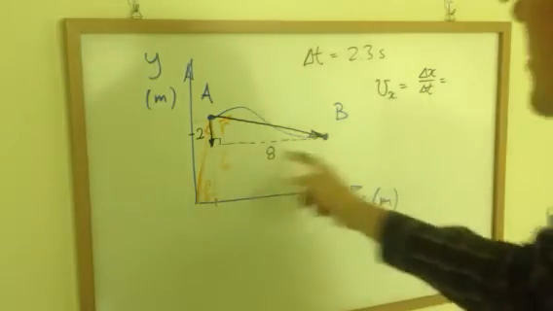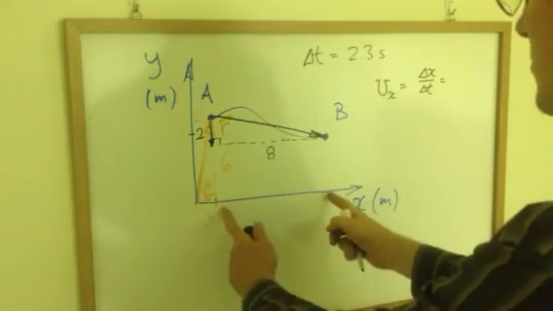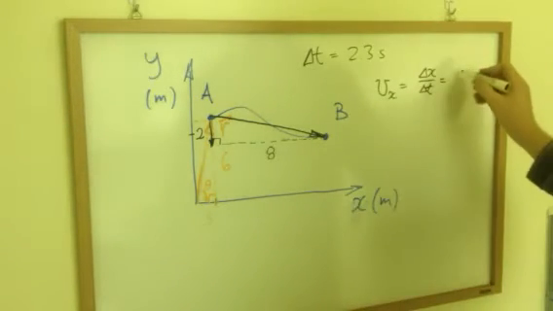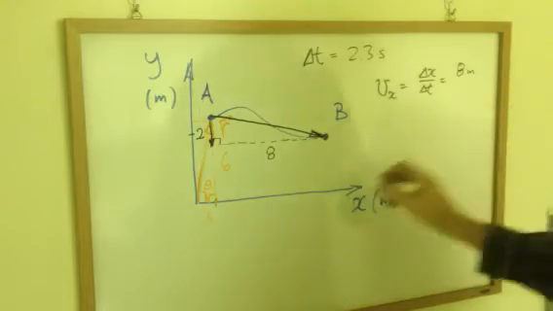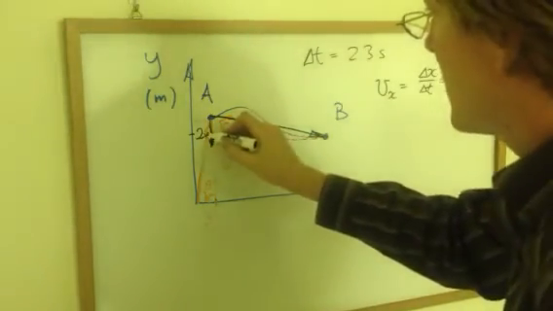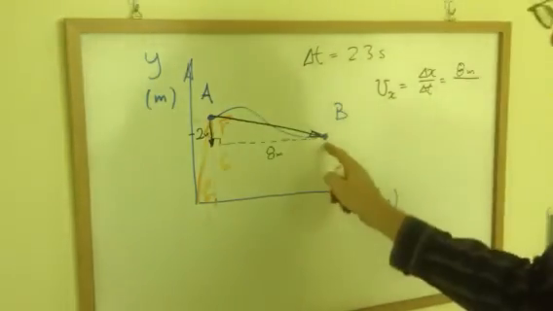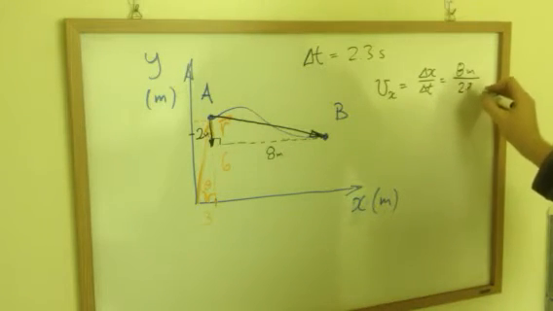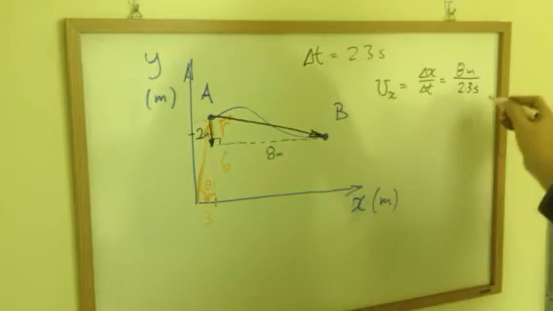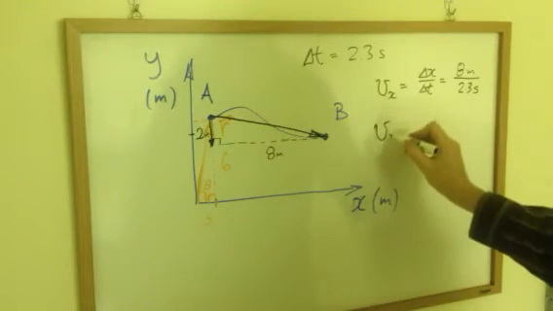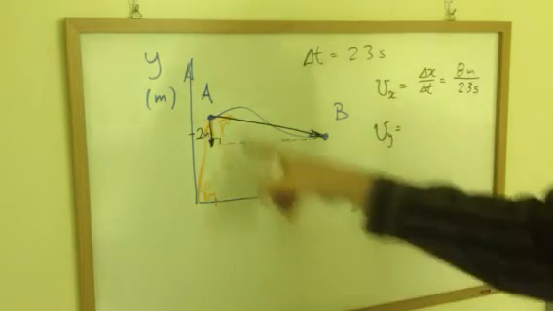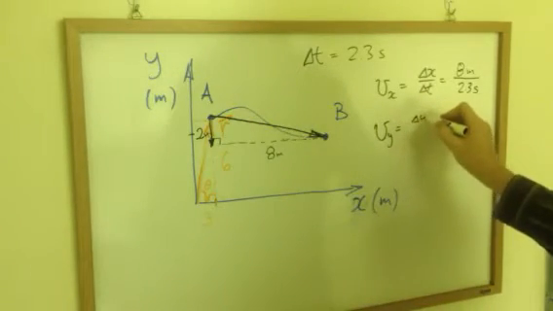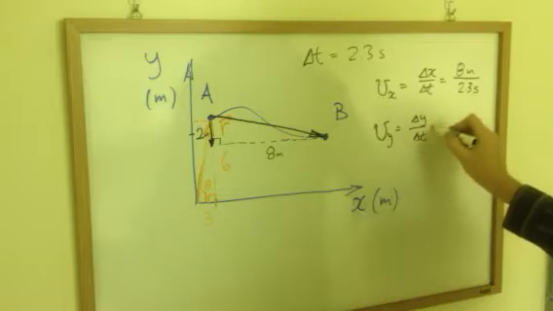The change in position is the difference between these two coordinates here in the x direction. Let's say that's 8 meters, final minus initial, and delta t, let's say it's 2.3 seconds. You can calculate that for your problem.